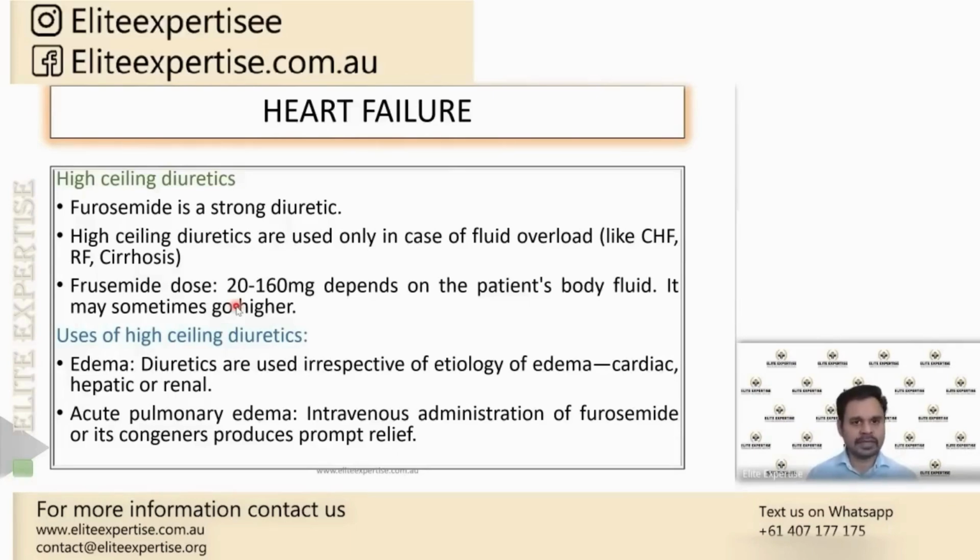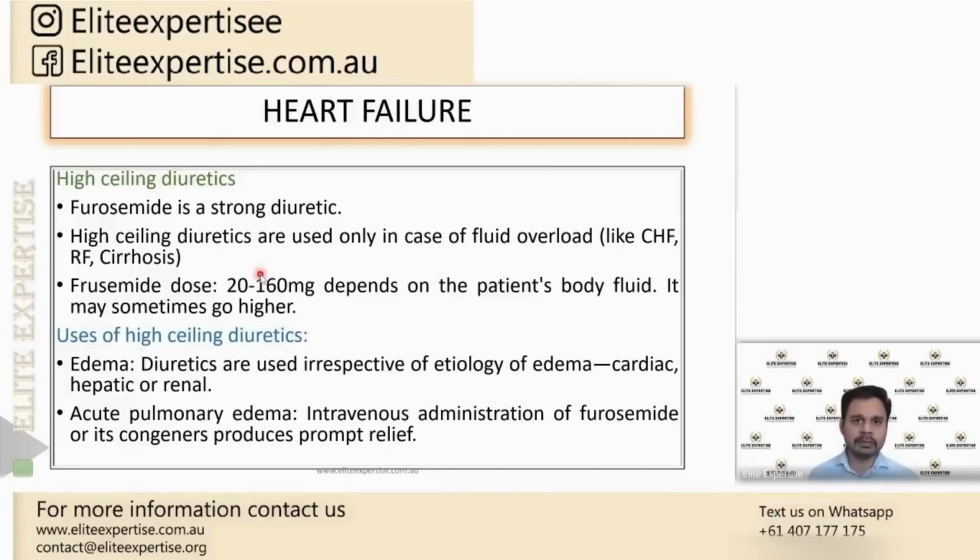So let's say, for example, if you are trying to put the patient on 160 milligram of furosemide, then the doctors will advise the patient to come and visit within a couple of weeks, like within 2 weeks. Then again, they will reassess the patient and they will reduce the dose to 80 milligram.